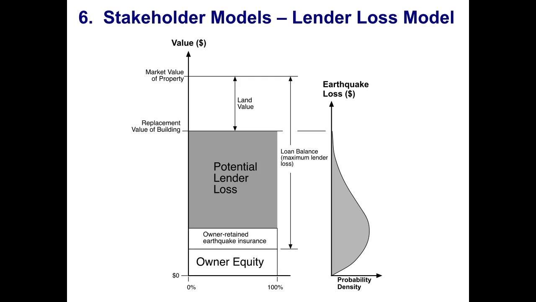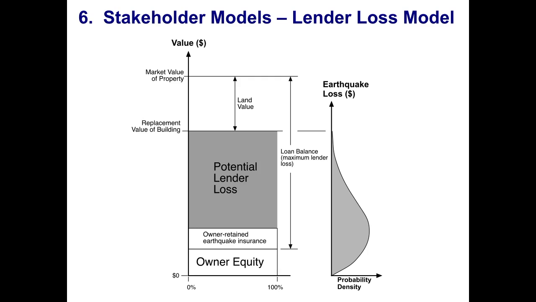The figure at left shows the various different stakeholders and their position from first dollar loss on up. So the first dollars lost are to the owner and help to erode their equity, and if the owner has earthquake insurance, then that acts like additional equity, and the potential lender losses don't begin until the losses exceed owner equity and owner retained earthquake insurance.